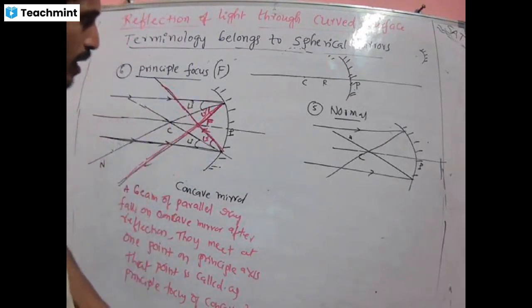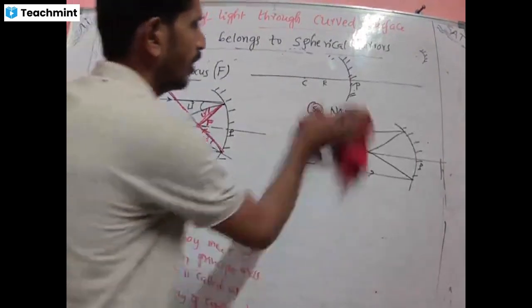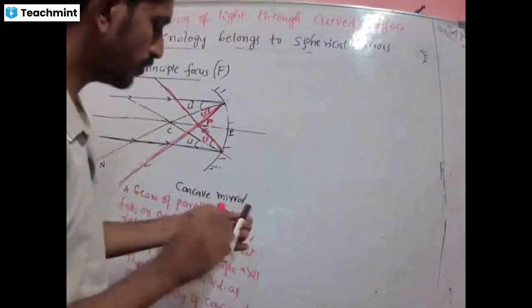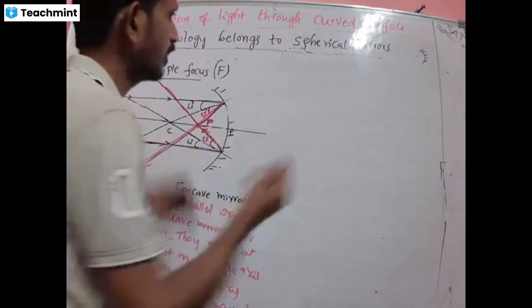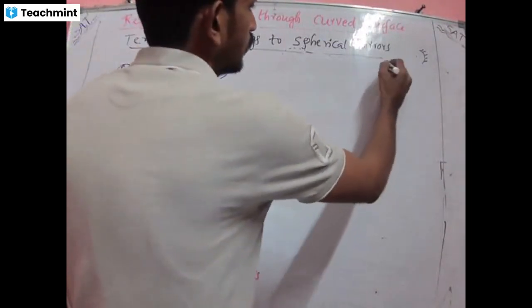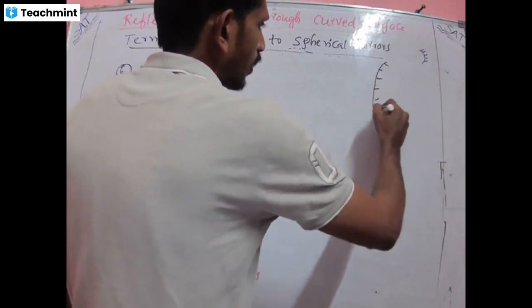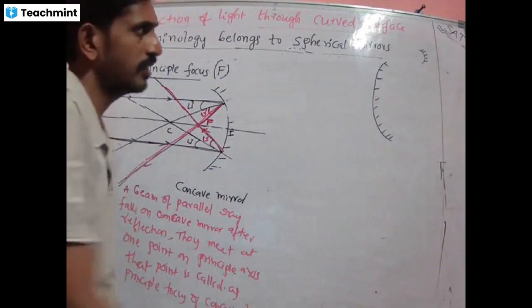Next, the principal focus of a convex mirror. Take a convex mirror here. This is my convex mirror. The hollow surface should be silver coated and the bulged surface should be the reflecting surface.